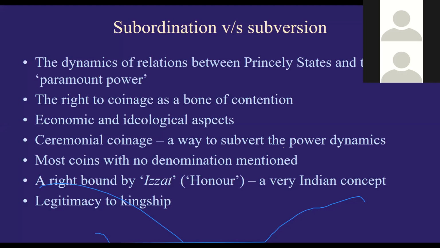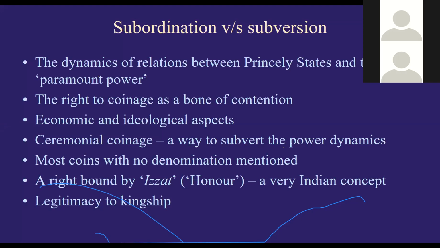Technically, however, it remains to be seen whether one can actually call them coins or not, because they were struck only for a very specific purpose and in very specific numbers. But this was a right, again, bound by the concept of izzat. Why were these Maharajas doing this? It was to show that they had a particular kind of honor, a very Indian concept.